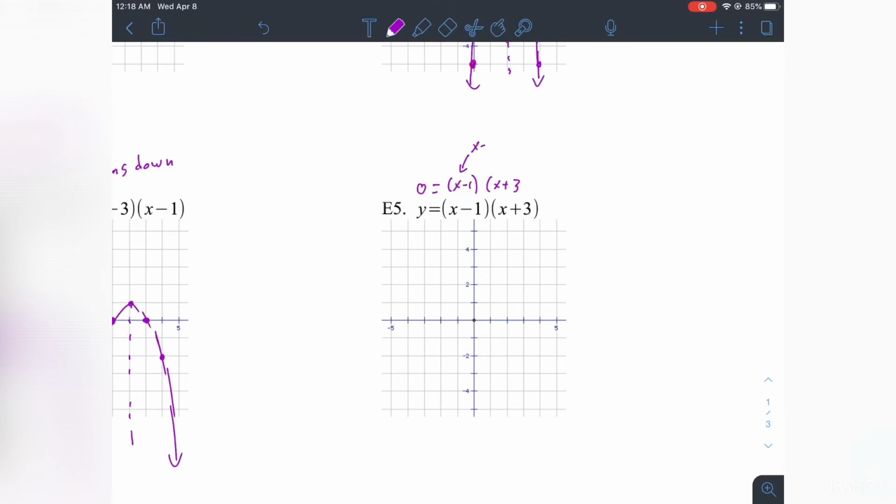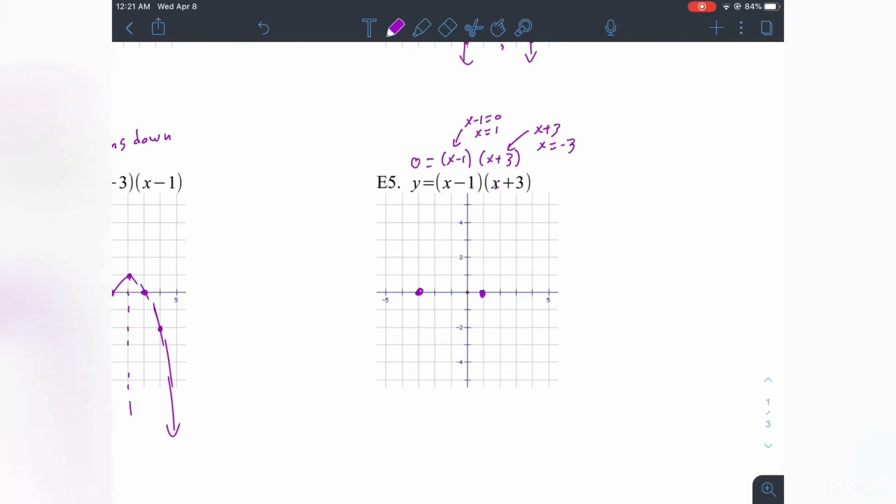So what makes this part 0? 1. And what makes this part 0? Negative 3. So 1 and negative 3 are the x-intercepts.